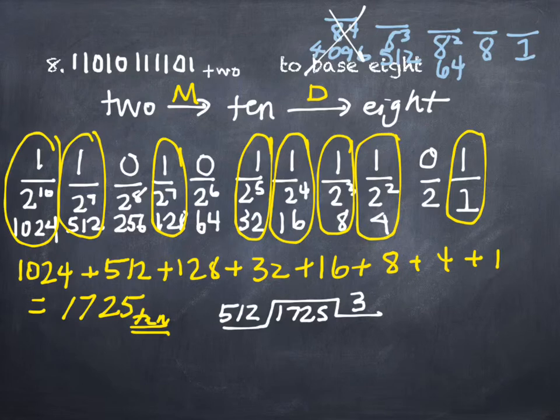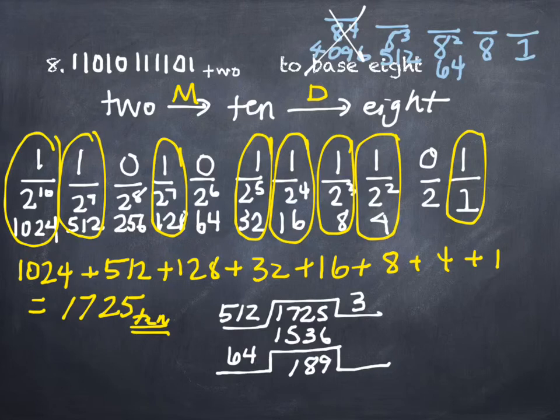What is 3 times 512? 1,536. That sounds better. Yeah, 1,536. All right, let's divide again, but what will I divide by this time? 64. All right, so what is 1725 minus 1536? 189.